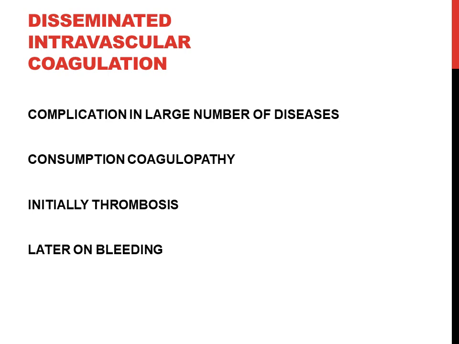Initially there is coagulation of the blood due to the coagulation factors, and when those factors are consumed, it results in bleeding. So this is a very technical term: consumption coagulopathy.